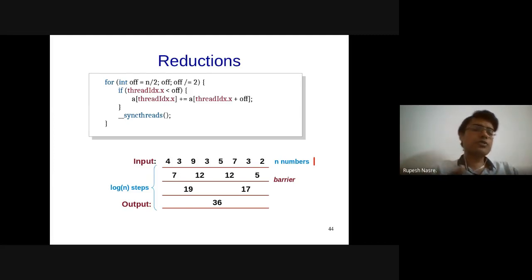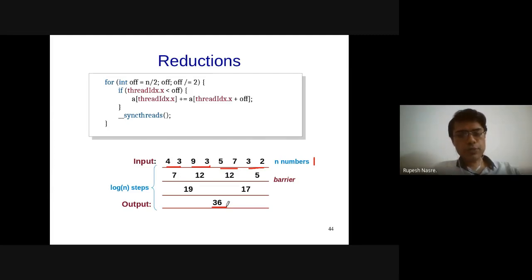And one of the options was, since we have a large set of threads on the GPU, can we make use of this to improve parallelism, where individual threads operate on a few of the data items and then compute intermediate values, and then we go on repeating this procedure until we find the final reduced value.